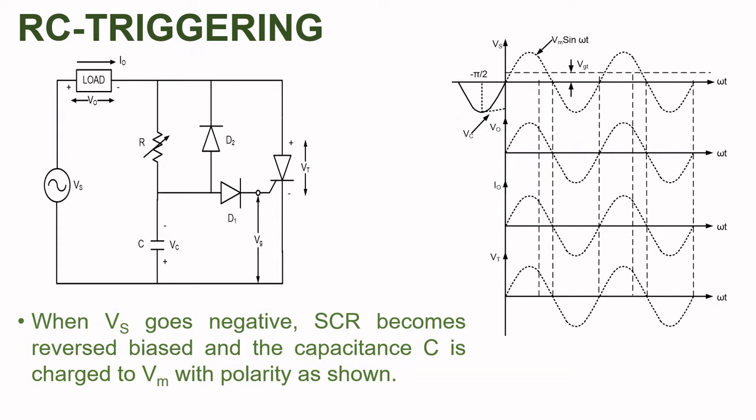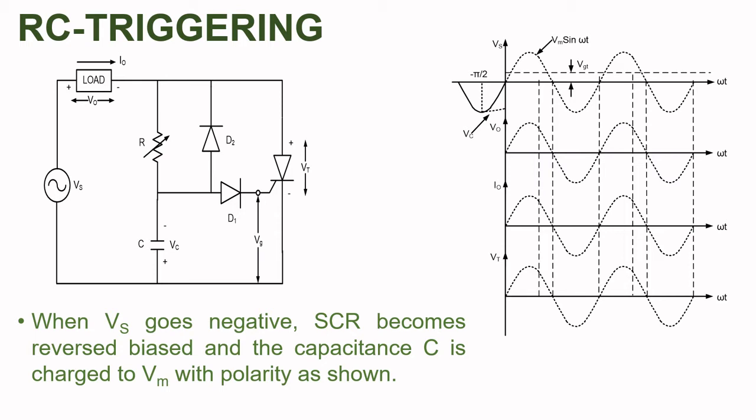Here on the right hand side, we are having the waveforms of the voltage across the capacitor, current through the SCR, that is the load current, the load voltage and the supply voltage. When the supply voltage is negative, the SCR becomes reverse biased and hence the current cannot flow through the SCR.